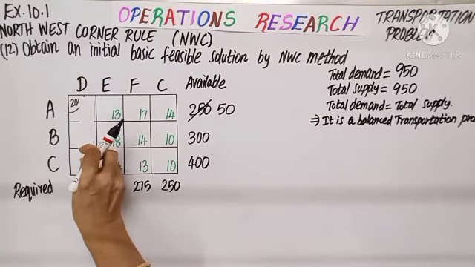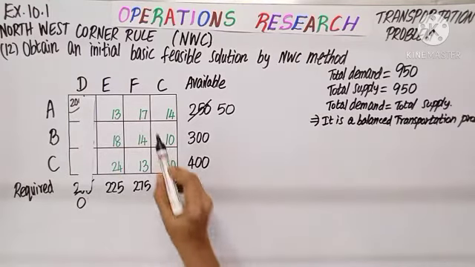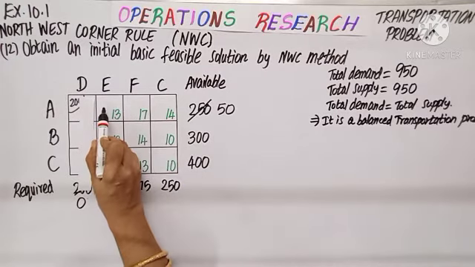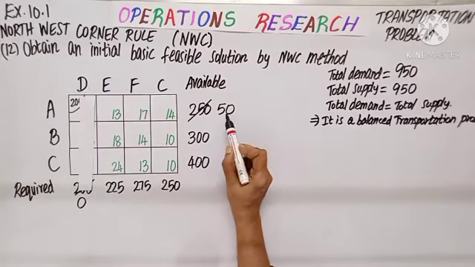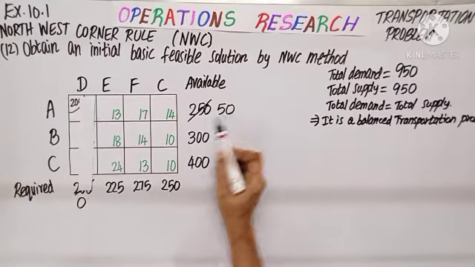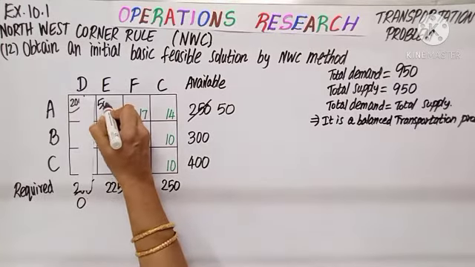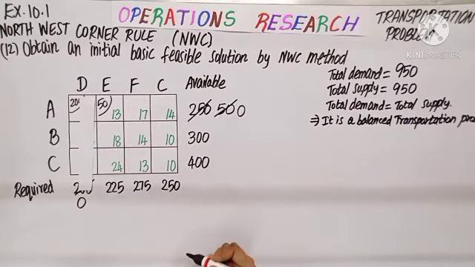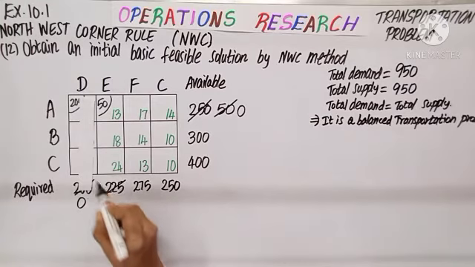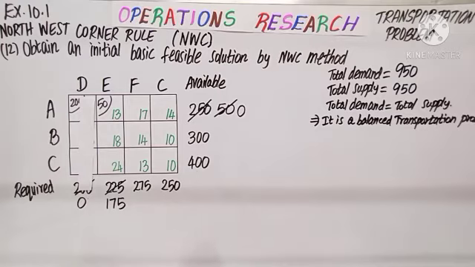So let us hide the first column. In the remaining cells, northwest, I have 225 and 50. Minimum number 50. Allocate 50 here. Cancel, it becomes 0. Here, 225 minus 50 is 175.